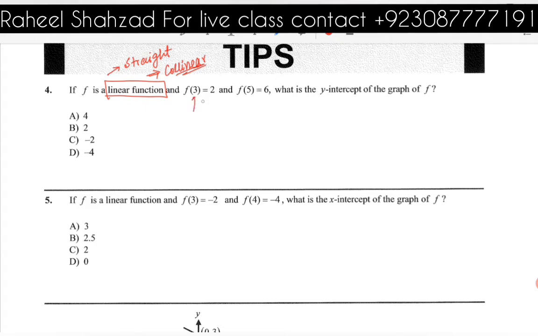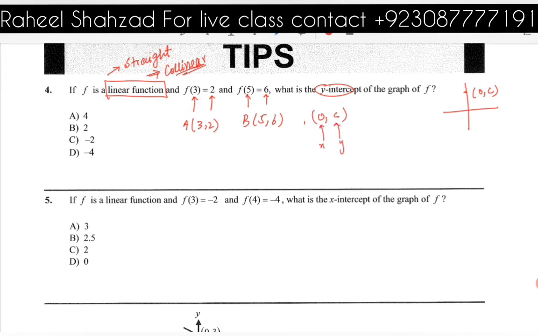So again, this is x, this is y. Let's suppose point A is (3, 2). Let's suppose point B is (5, 6). The y-intercept is always a point where any line cuts the y-axis. So it's (0, c), let's suppose, because the x coordinate is always 0.